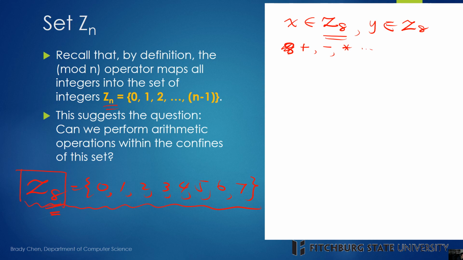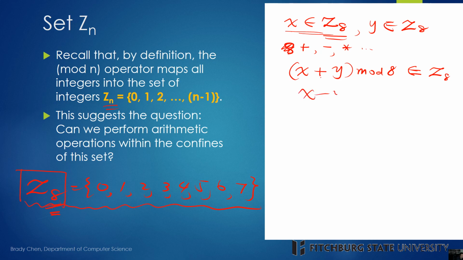That means if X belongs to Z8 and Y belongs to Z8, can we define X plus Y modulo 8, so we can make sure that the result is still in Z8? So we can define plus modulo 8, minus modulo 8, multiplication modulo 8, so we make sure the result is still within Z8.